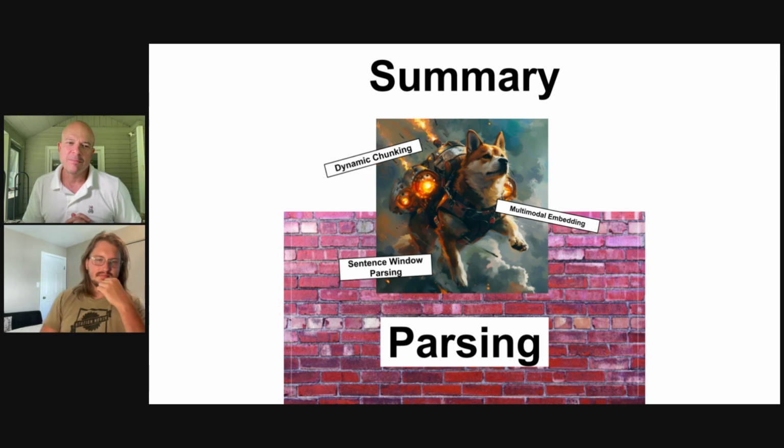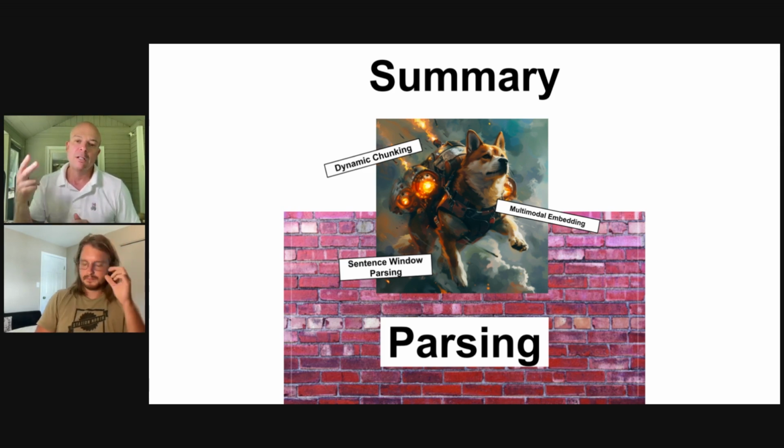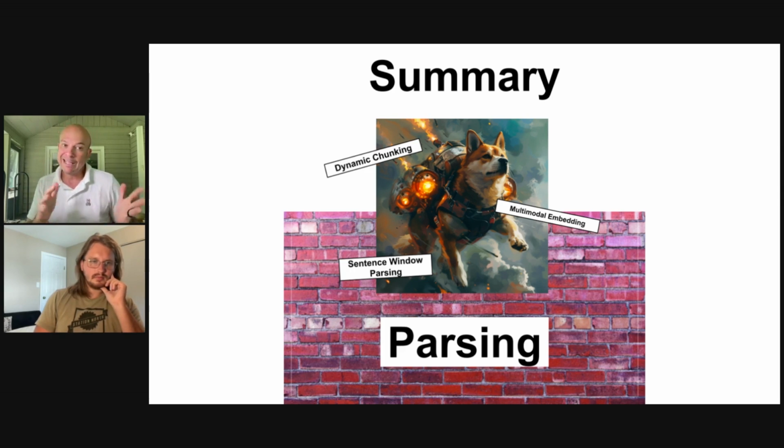Yeah, if I could maybe summarize your summary, it feels to me like parsing is hard, but absolutely critical to make RAG work. Some of the older extraction tools, maybe like PyPDF or some of these other open source Python libraries, are not always up to the task in modern RAG.